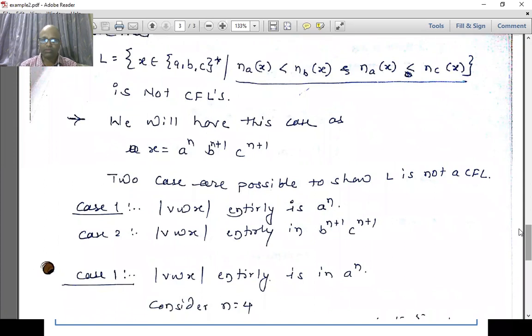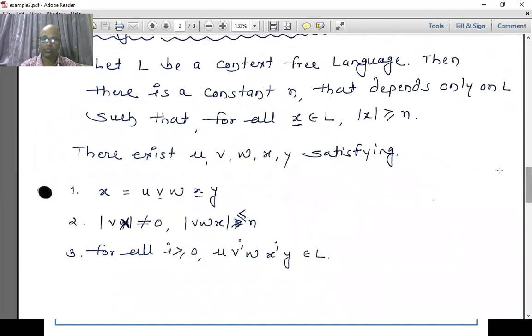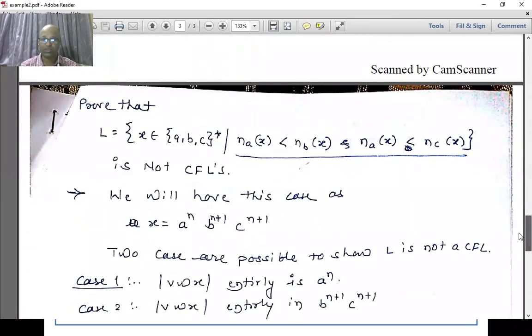Now, the window VWX, where should it lie? We make sure that the string is broken up into 5 substrings, the length of VX should not be null, and the length of VWX should be at most n. But where it lies within the string, we need to consider all such breakups.